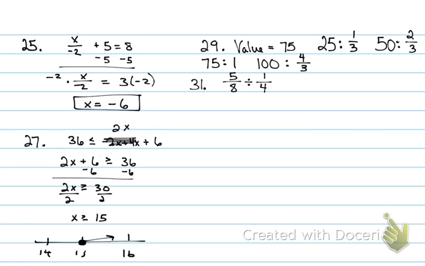Okay. All right, so now we're on 31. It says find the unit rate. I know I can find the unit rate by dividing the first quantity by the second quantity. It's okay that they are different units. Well, when I divide it, I must go by my rule of dividing fractions by flipping that second ratio.